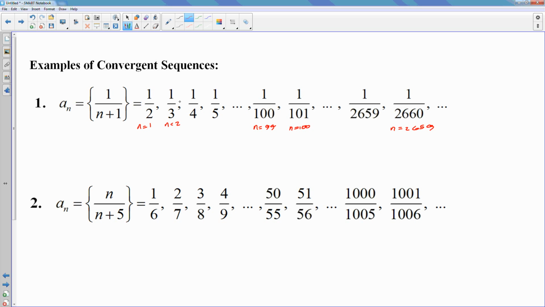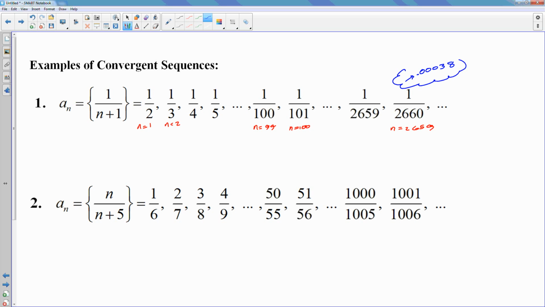If you look at those terms, hopefully you can tell that those fractions are getting smaller and smaller and smaller. If you were to punch in 1 divided by 2660 in the calculator, you would get a decimal of 0.00038. So this thing is pretty close to 0.00038.